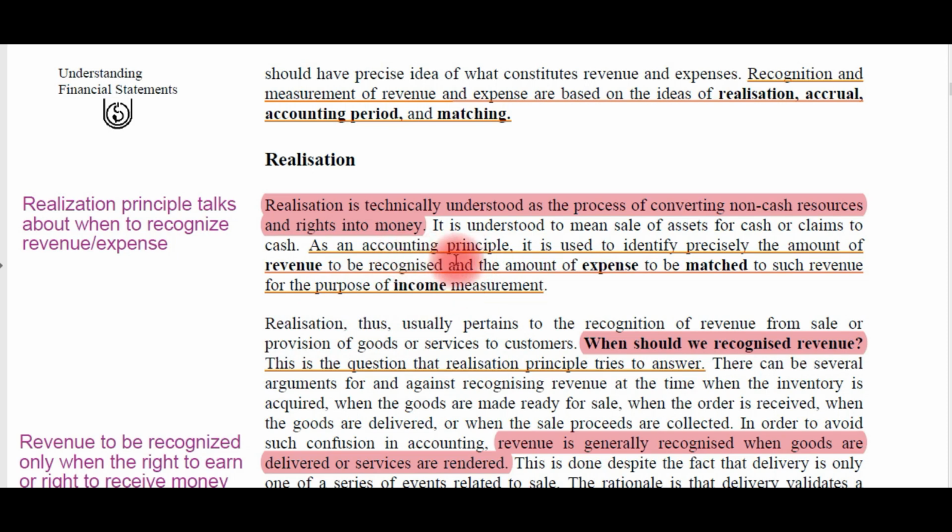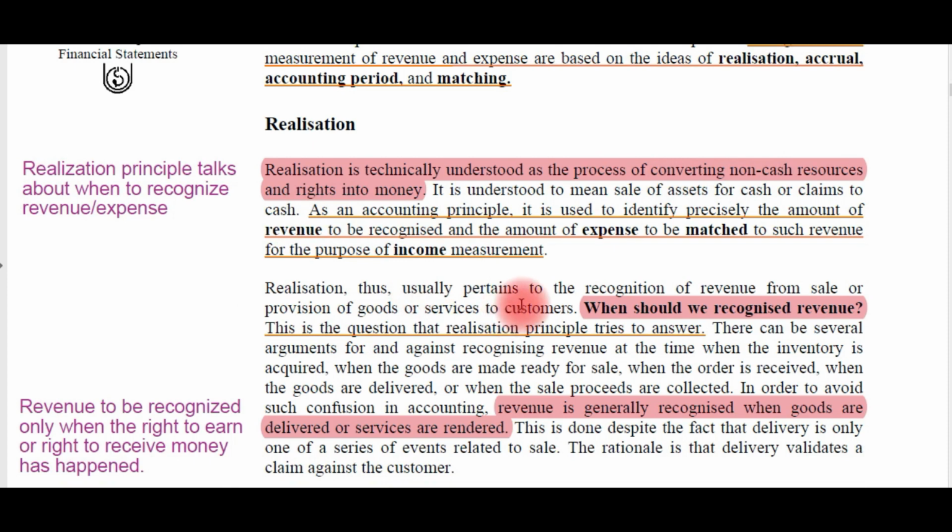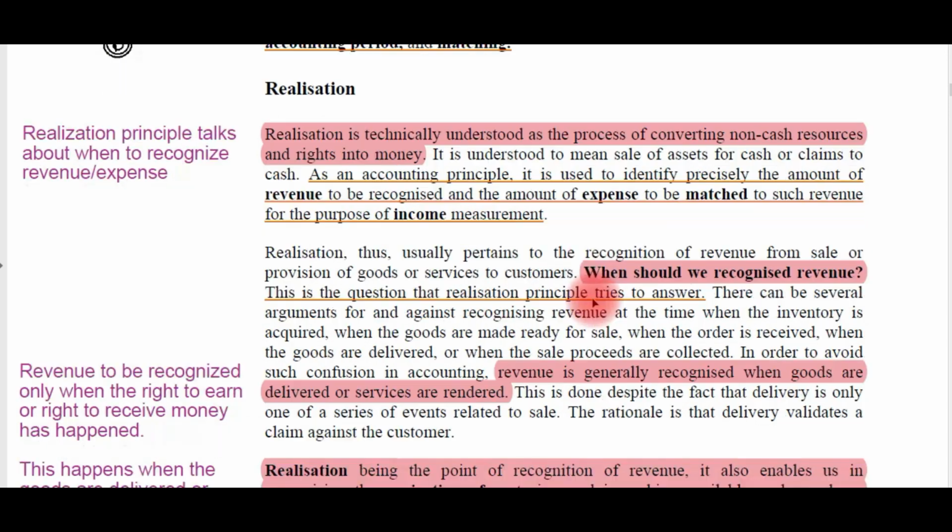Realization means, indirectly, redemption: getting cash by converting non-cash resources and rights into money.